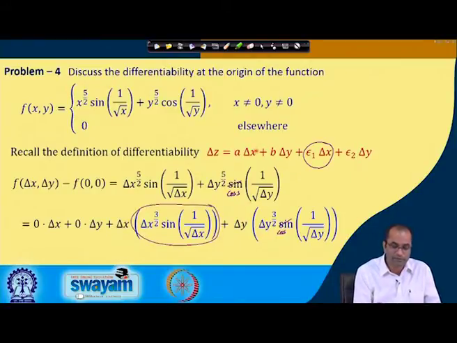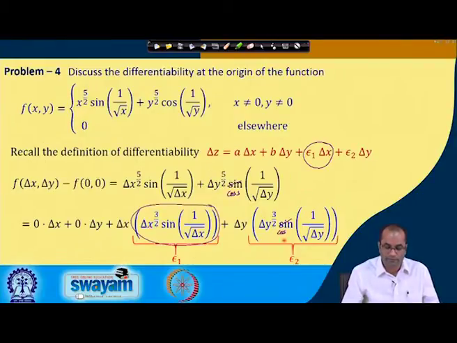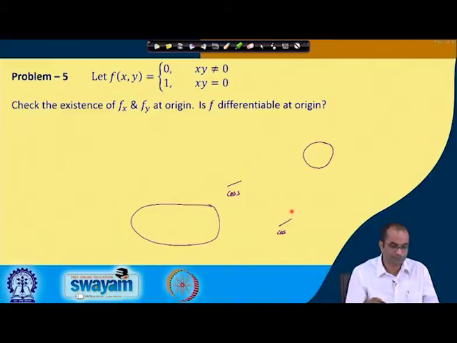So, in this case we have expressed this delta z in this form, where this is your epsilon, and which has this property that it goes to 0 when delta x, delta y go to 0, because of this term here, delta x to the positive power 3 by 2, and this is a bounded function. So, this will go to 0, and here again the same argument, with the cos function this will also go to 0.